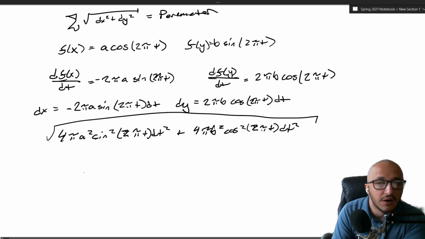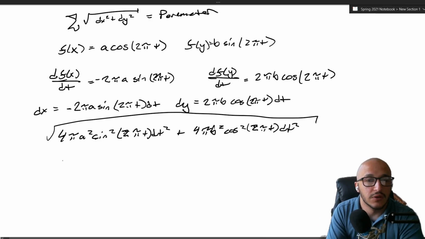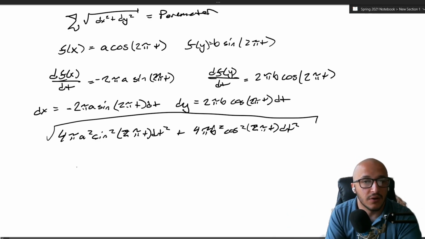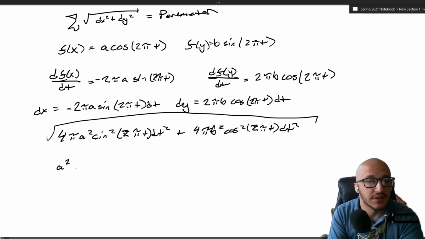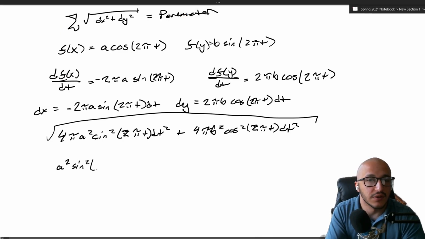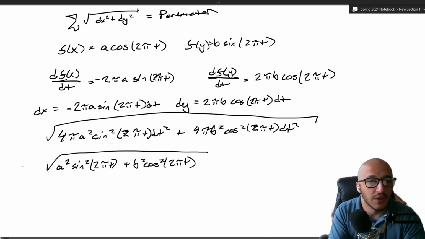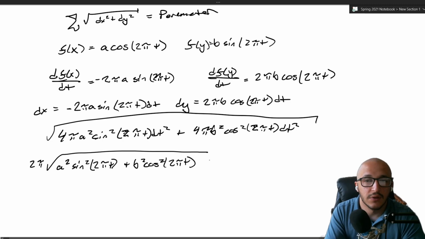If you see the common values, 4 pi dt squared, you can pull all of that out of the square root and then say a squared sine squared 2 pi t plus b squared cosine squared 2 pi t, and then I'm going to put the 2 pi in front and say dt outside of this.